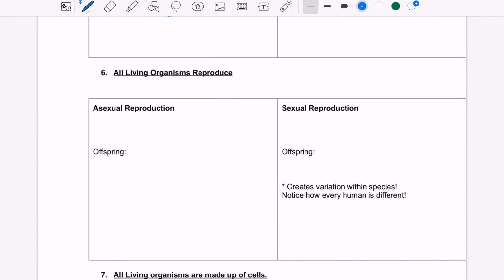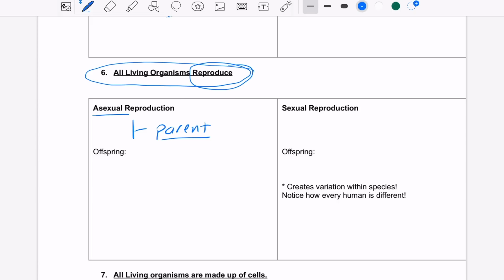Number 6, all living organisms reproduce. Well, what are the types of reproduction? You have asexual reproduction, where you have one parent only. So their babies, their offspring, their next generation is going to be identical to the parent.